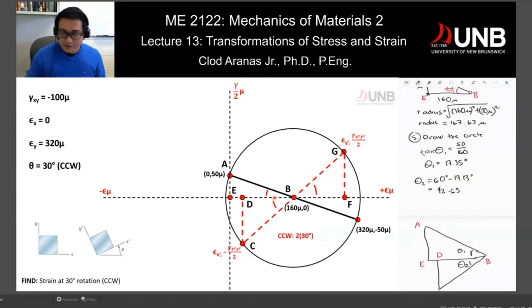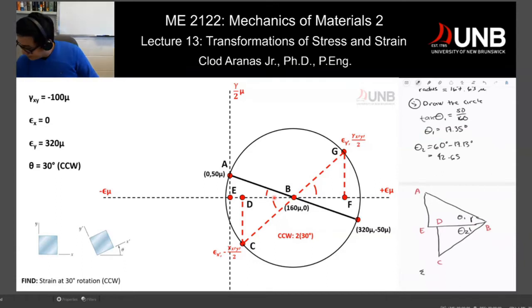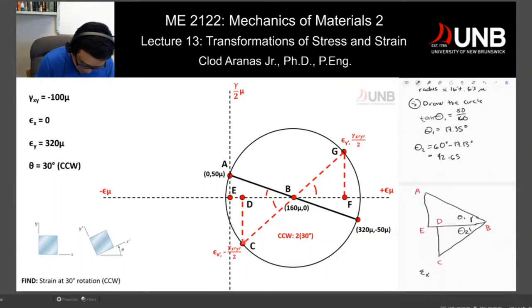So now, if we do the calculation there, that would be epsilon sub x. So epsilon x prime is equal to this length right here, which is ED.